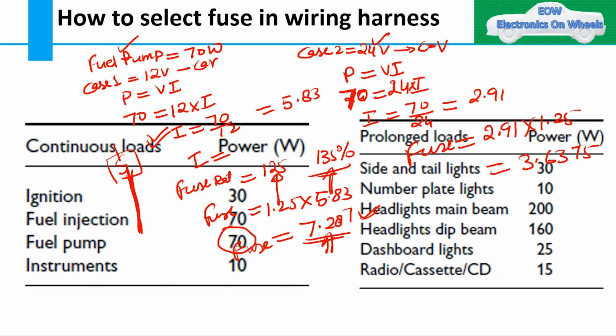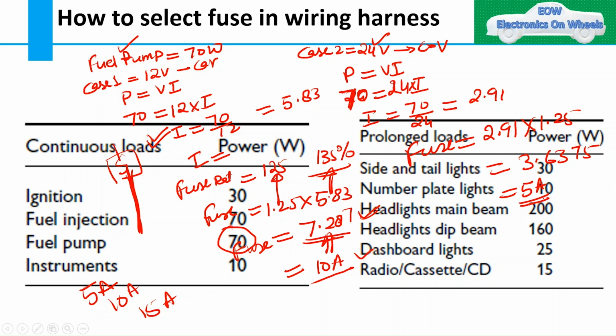They make mostly in these steps: 5 amps, 10 amps, 15 amps. Then which particular fuse can I select here? 10 amps, right? So for this particular fuel pump of 70 watt in a 12 volt system, I need a 10 amp fuse. When it comes to case 2, the 24 volt system, I need a fuse of 5 amps, right?